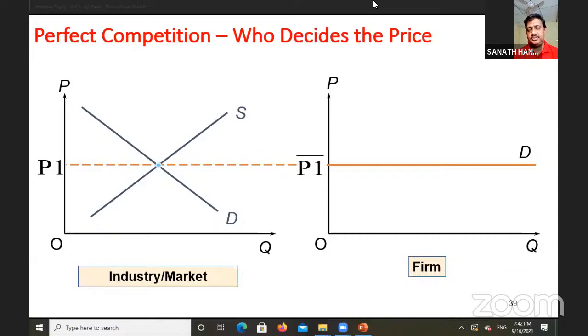In perfect competition, therefore, the demand curve is perfectly elastic.